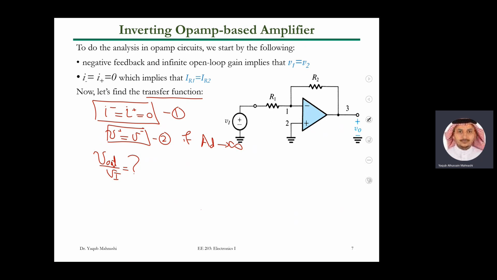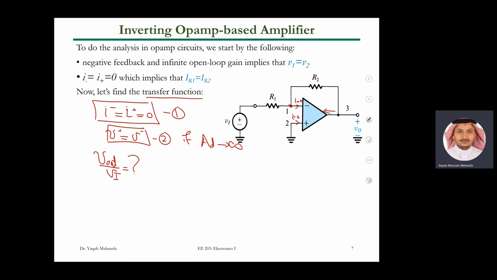If you know this, the current is going to be 0. So I equal to 0, another I equal to 0. Can I apply KCL here? Yes. And by the way, keep in mind, we don't apply KCL at the output terminal unless you know the current going in or out of the op-amp, because we don't know anything about that current.